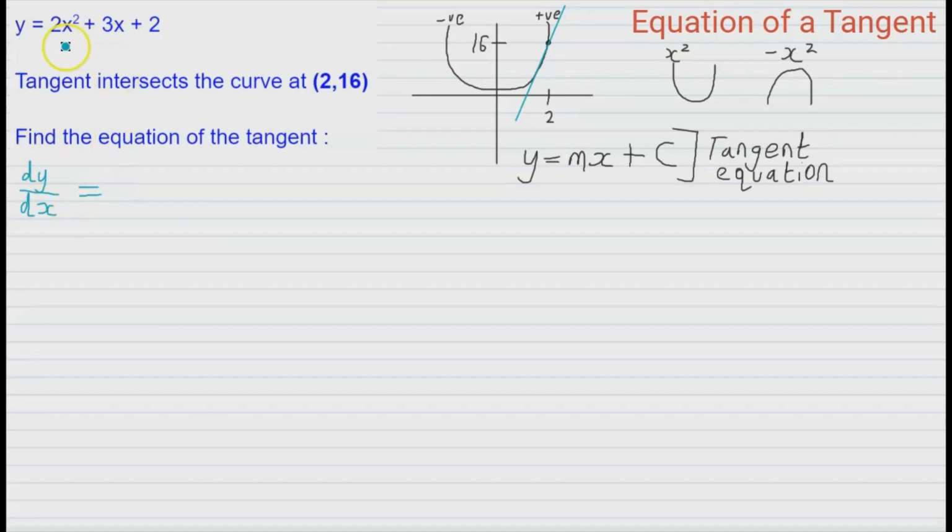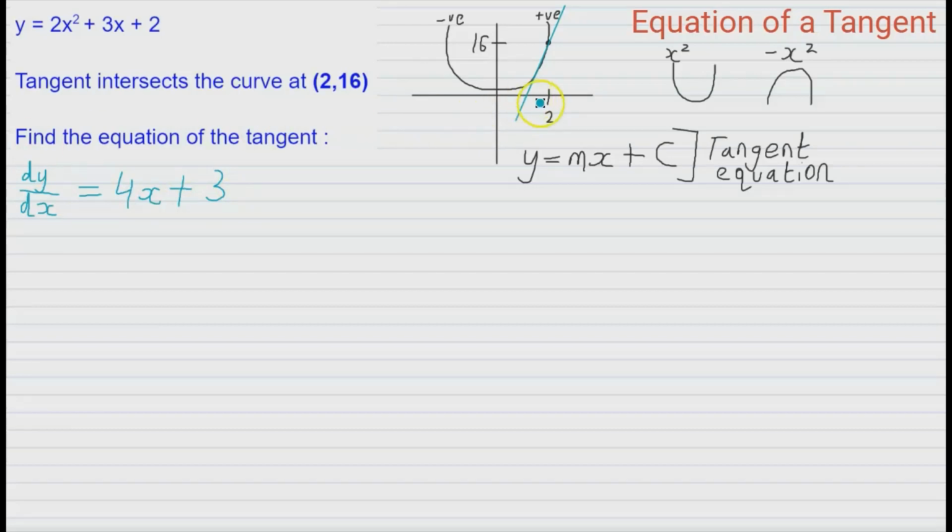Well, 2 times 2 is 4, so 4x, then minus 1 from the power, so it'll be to the power of 1, and then plus just 3, because 1 minus 1 gives you the power of 0, which will just be 3. And now we just get rid of this 2. So now we have this equation here, 4x plus 3, and we can actually sub into this.